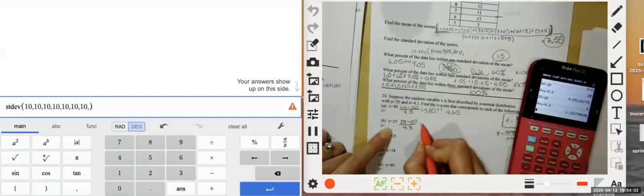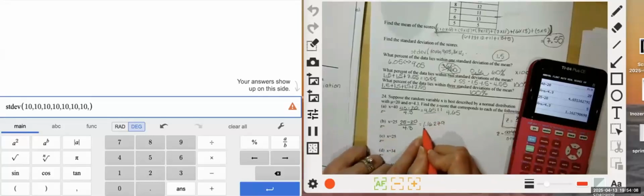And then here we would just have 25 minus 20 divided by 4.3. And we get 1.16279.